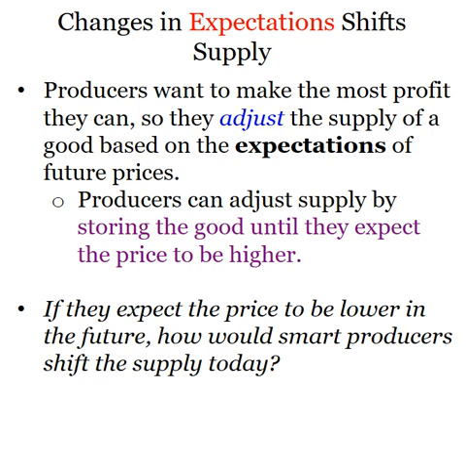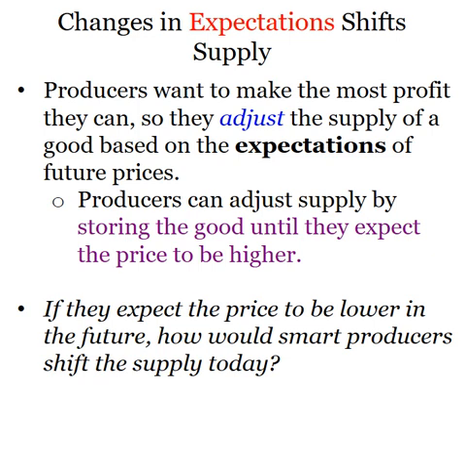Now, in this case, expectations, don't think of supply in terms of how much they're going to make. Think about it in terms of stocking the shelves. What is actually available to be purchased at each price? So they can take things off the shelf and store them if they think the price is going to be low or coming up.